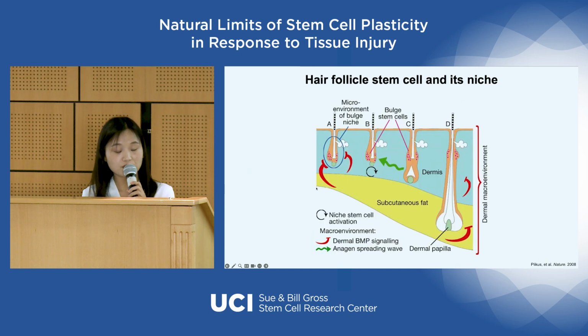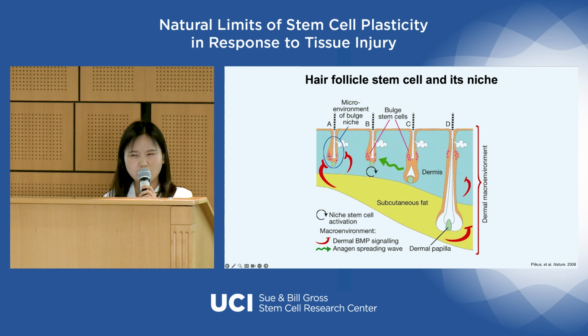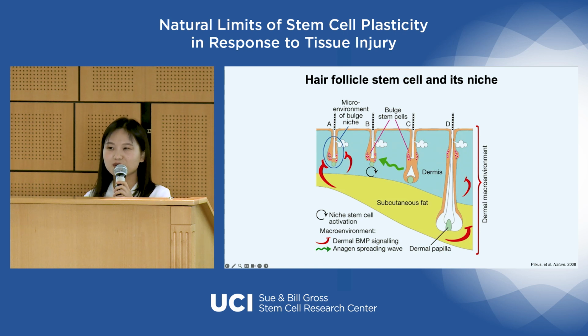Hair growth is fueled by hair follicle stem cells, which are located in the bulge region here. When we talk about stem cells, we also talk about the stem cell niche. So what is a stem cell niche? The stem cell niche refers to the microenvironment generated by the neighboring cells, which is thought to play a very critical role in regulating stem cell behavior.